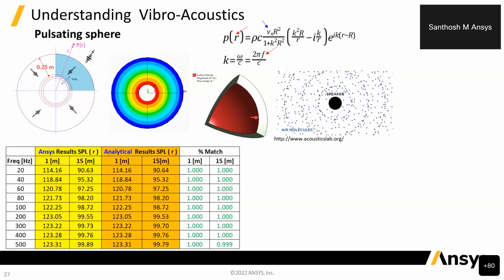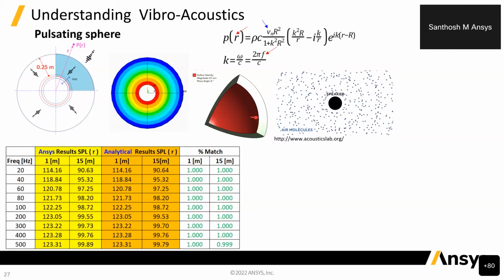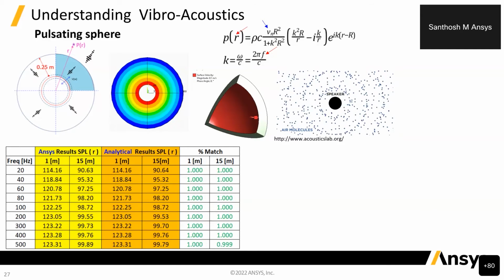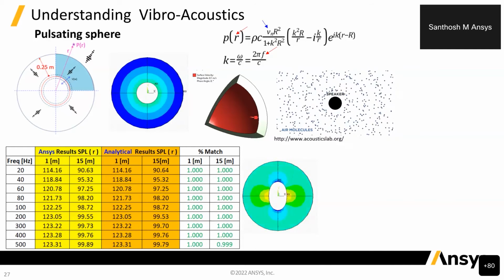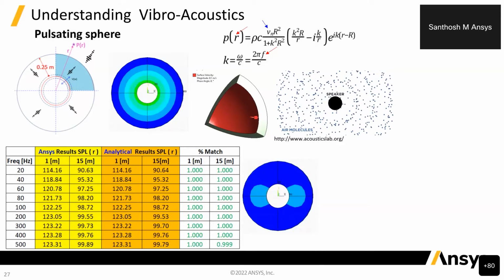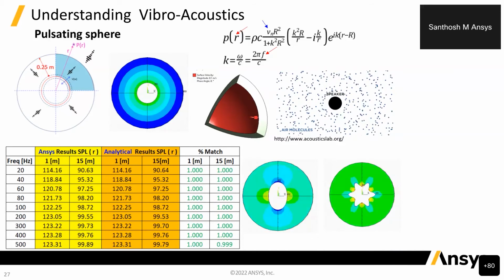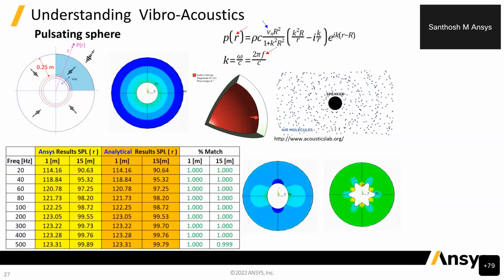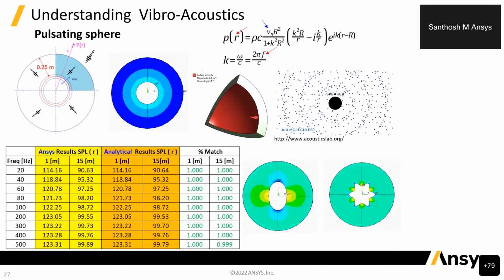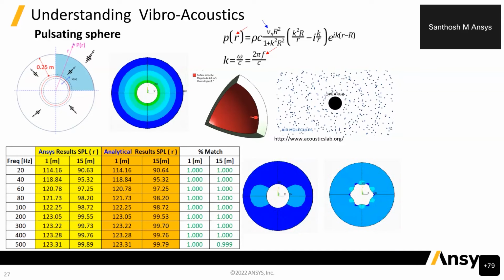Now, the main learning from this is that the structural velocity is the one which is governing the acoustic pressure. In this case, the pulsating sphere, the velocity at every point is the same. But as we go to higher modes of the sphere vibration, the velocity is not constant at every point. So the velocity is different at different points in different directions.